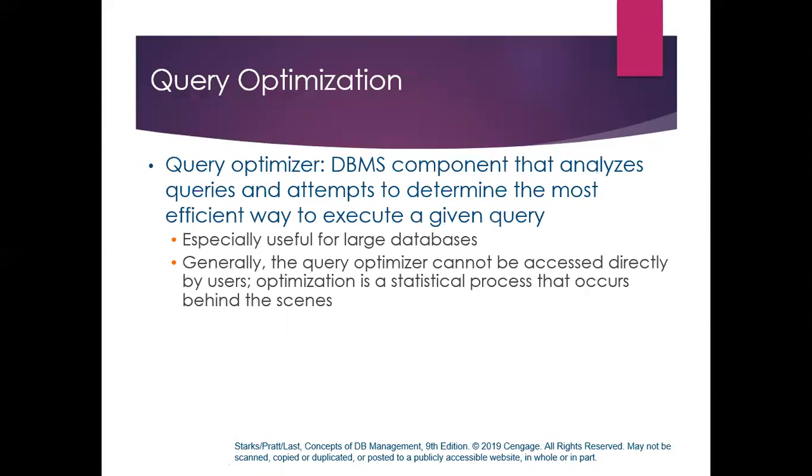Query optimization is the process of enhancing the efficiency of a database. Improved efficiency leads to rapid and optimal results or increased speed of search. A query optimizer is a database management system component that analyzes queries and attempts to determine the most efficient way to execute a given query.